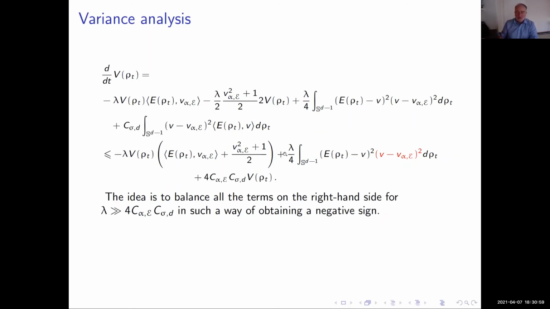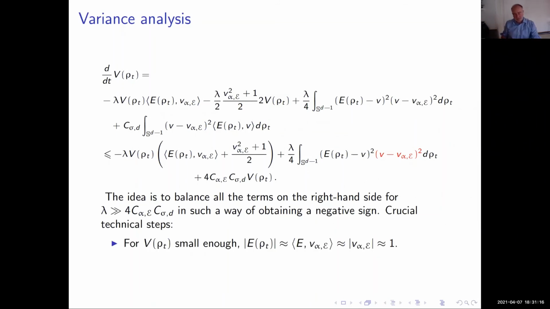But then all these other terms that are appearing, the ones between the first big brackets here and the second term over there, should also play to your advantage. And what comes into the game, and this is the well-preparedness of the problem that I mentioned to you as a condition for the mechanism to work, is that if the variance is small enough, the expected value is already quite close to the sphere.